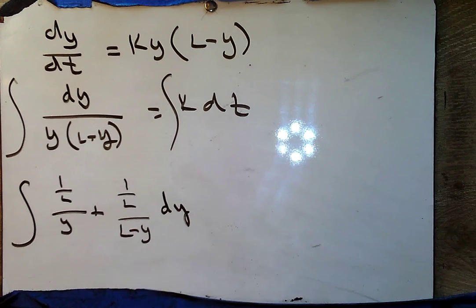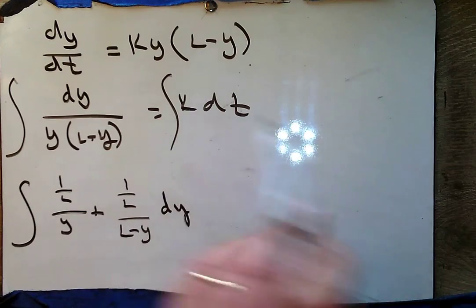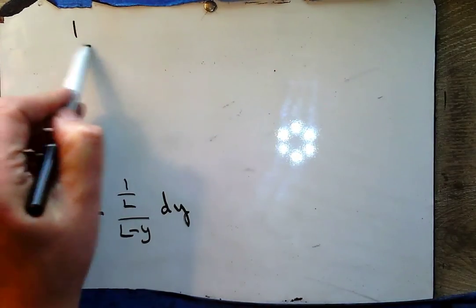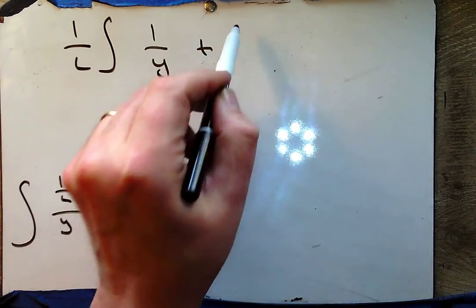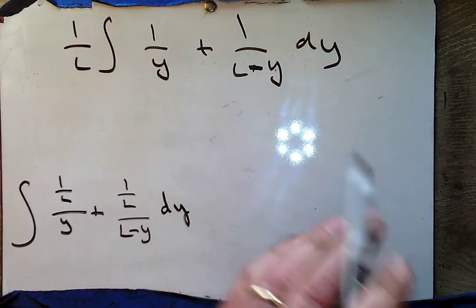Now, I will say that many of you will be comfortable pulling that constant out. Okay, so I'll pull that constant out. I'm going to have 1 over L times the integral of 1 over y plus 1 over L minus y dy.